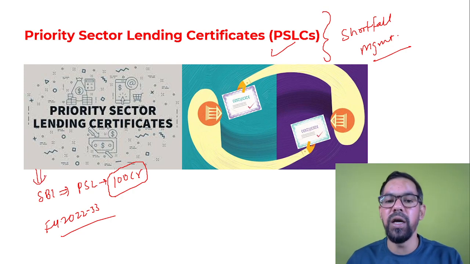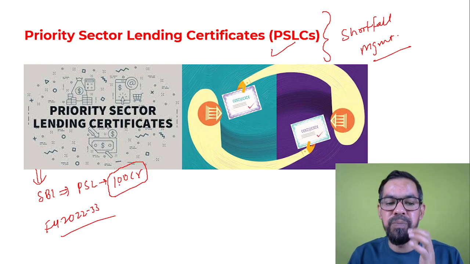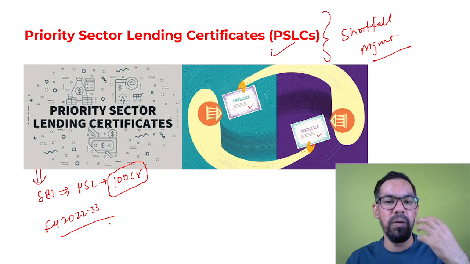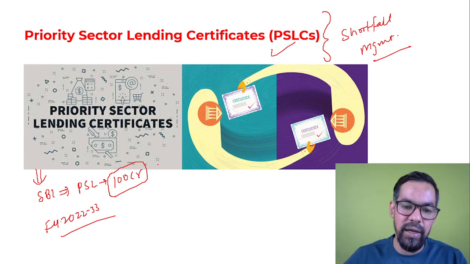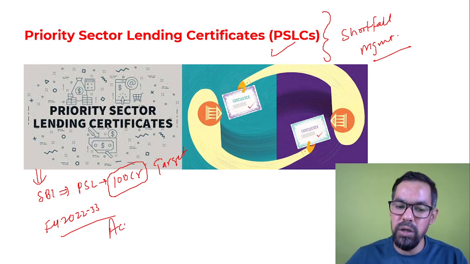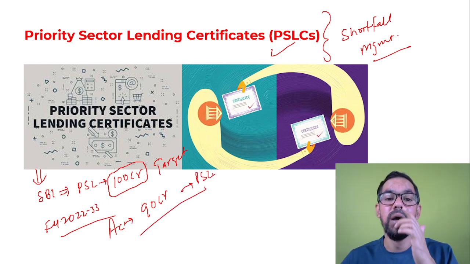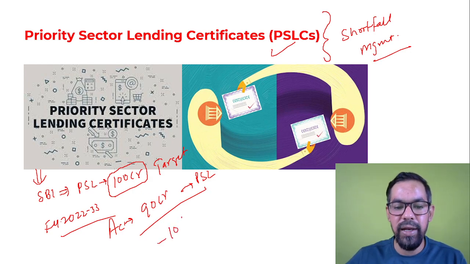So when they went for reporting, or by some circumstances they missed their target, this was the target, and the actual was they lent 90 crore rupees in PSL during the financial year. So there is a shortfall of 10 crore rupees.